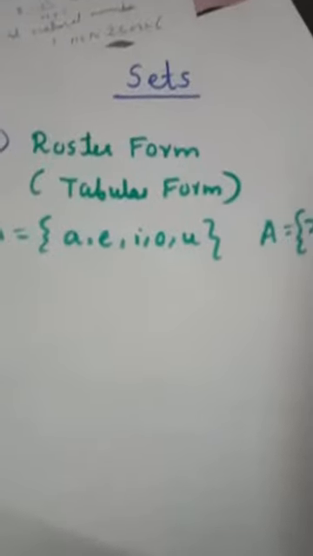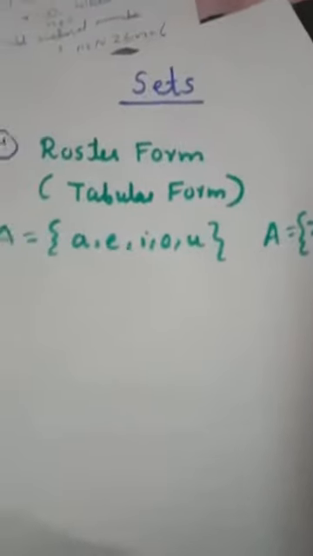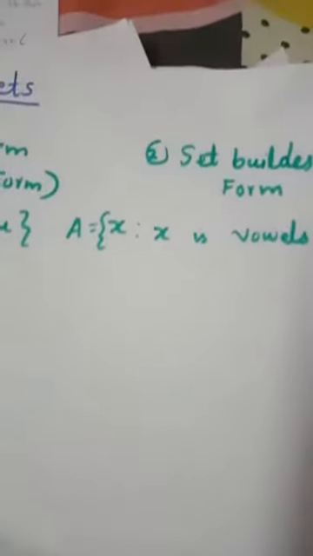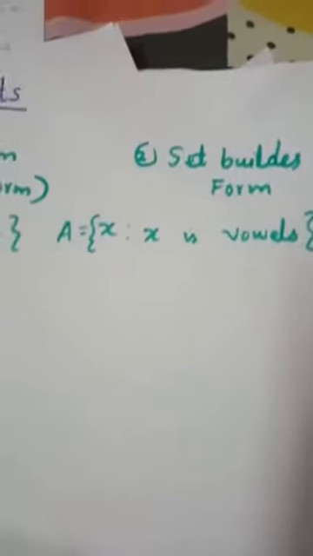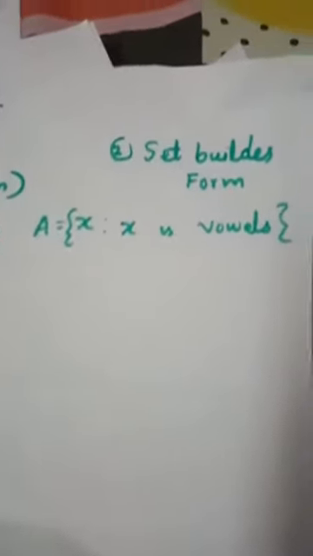We can represent sets in two ways: roster form or tabular form, and set builder form or rule method.